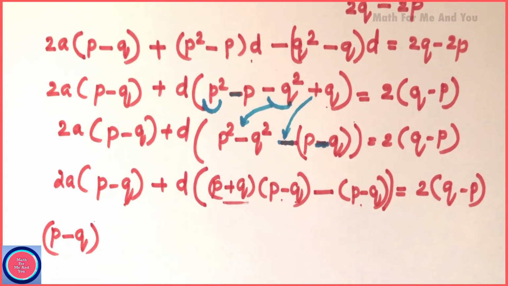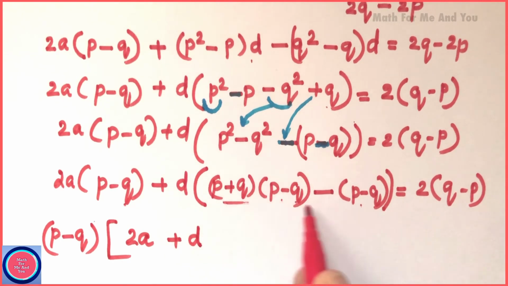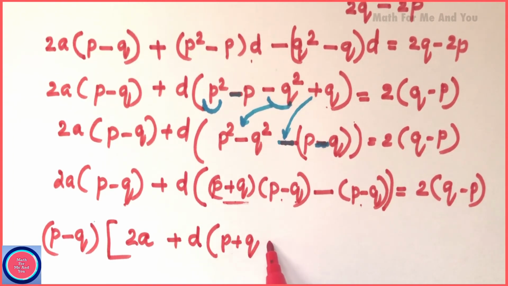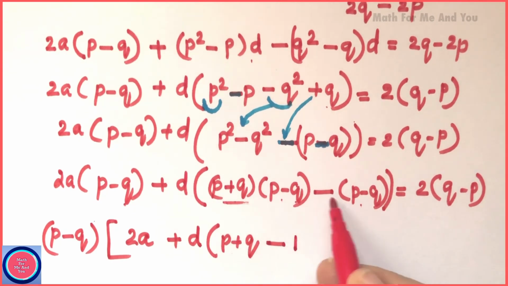So p minus q, then open a big bracket, then write all the other terms without p minus q. The first term is only 2a because p minus q is outside as a common factor. Then the second term d times (p plus q). p minus q is outside, then minus (p minus q) with p minus q outside means it is just minus 1.